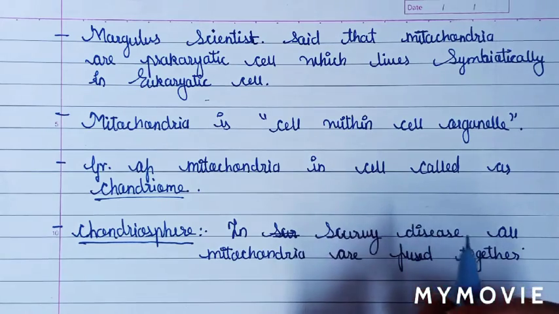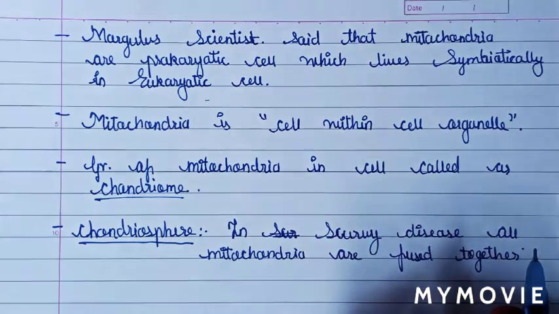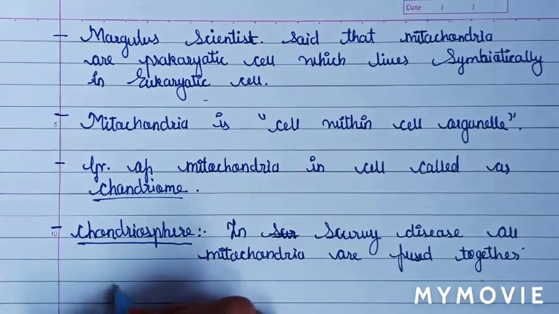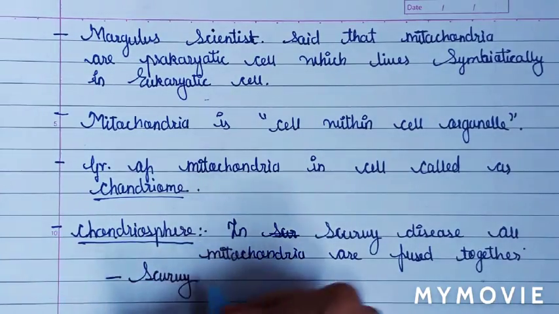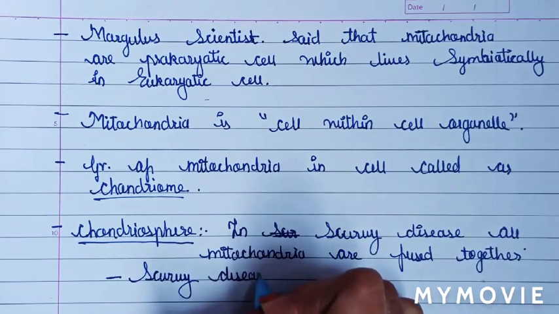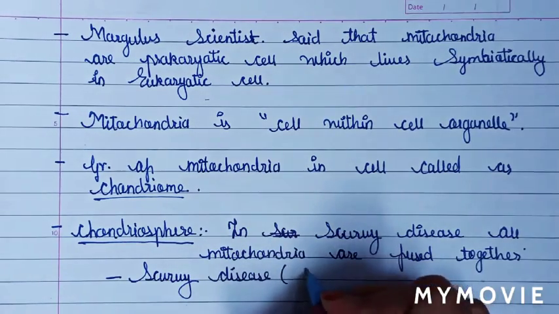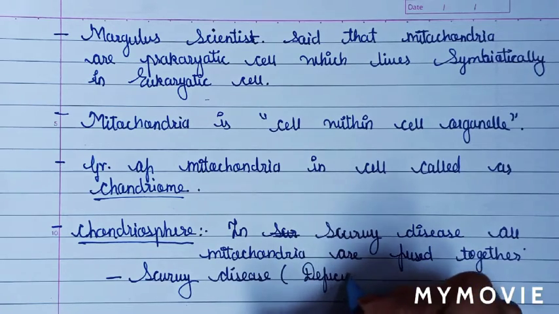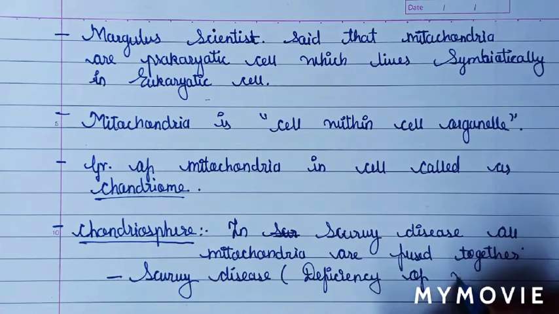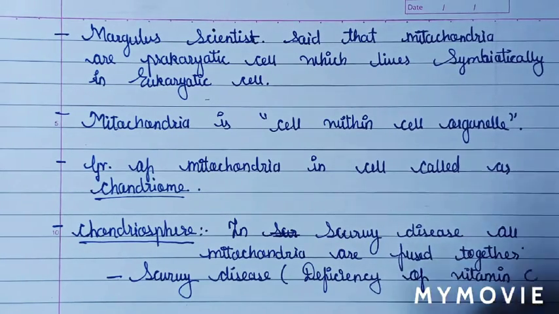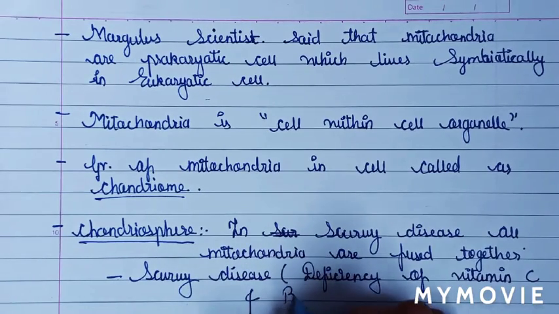Because of deficiency of vitamin and bleeding gums. We will write here scurvy disease. Okay, in bracket we will write deficiency of vitamin C, mostly vitamin C, and bleeding gums.